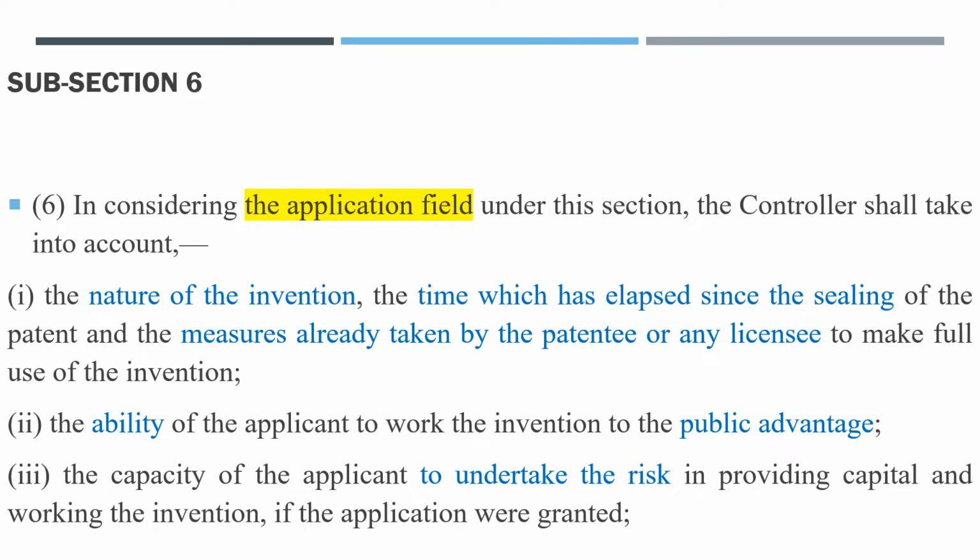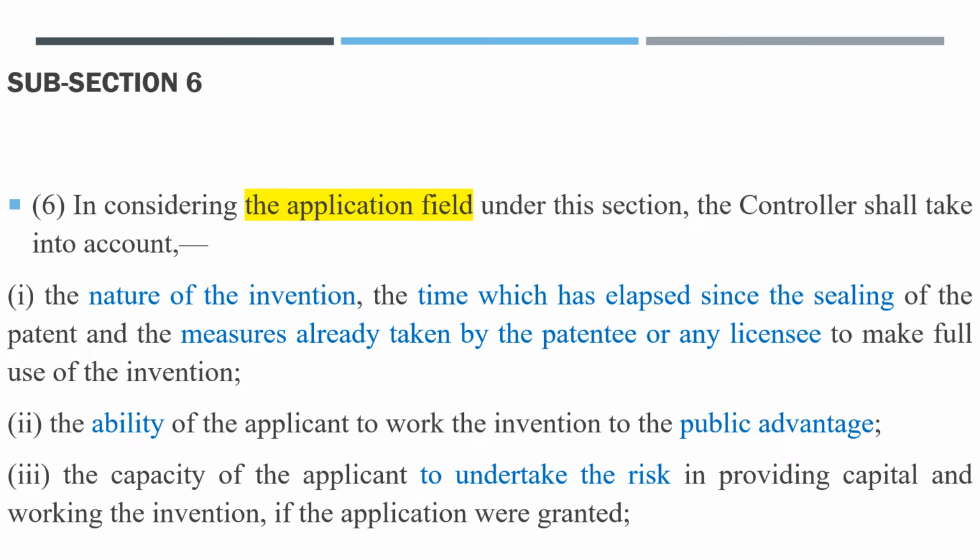In a very simple way, I can analyze this subsection. Please listen carefully. The controller shall consider the below points for the application filed, as per this section, that is section 84. Point number 1 is nature, time and measures taken by the patentee or the licensee to make full use of the invention.